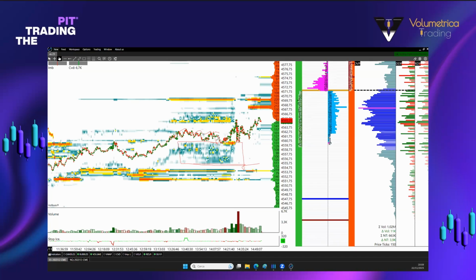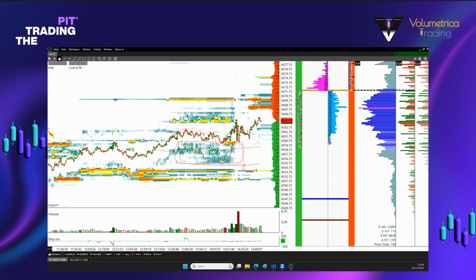Already the shape of this liquidity, because it involves many levels and is not neat on a specific level or in a specific area, suggests to us that it's a liquidity which is more likely to act as a rejection for price. So that's the first information.